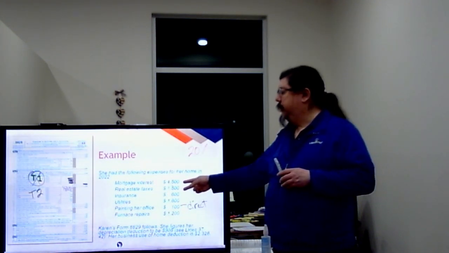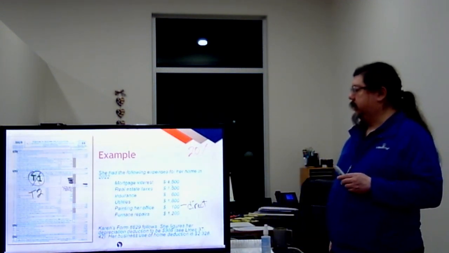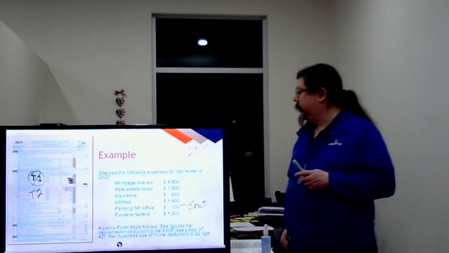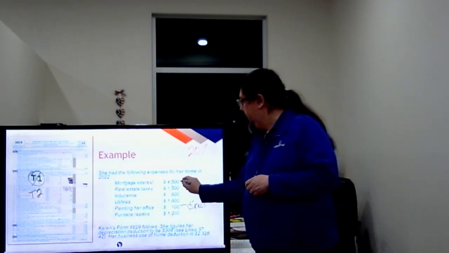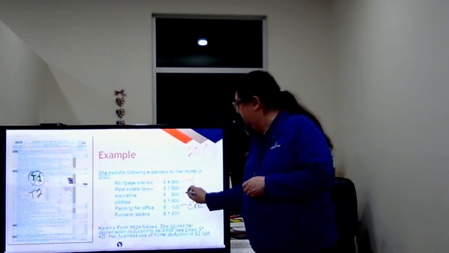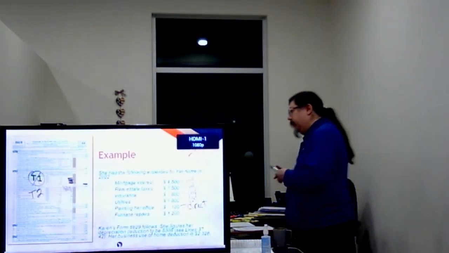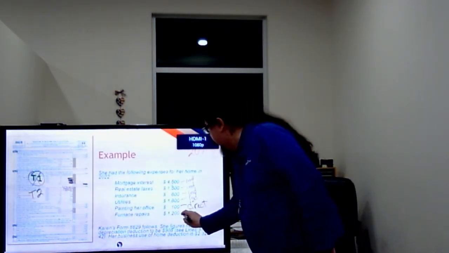So her mortgage interest and property taxes go into excess interest and excess property taxes. And then her insurance, utilities, and furnace repairs are all indirect. And so on. And then this is indirect.